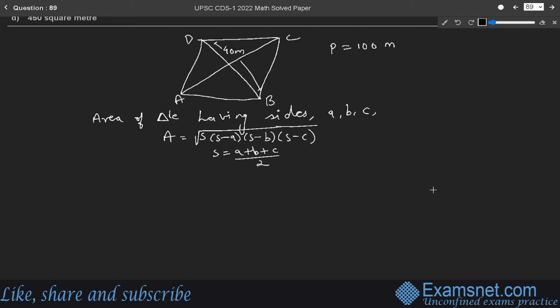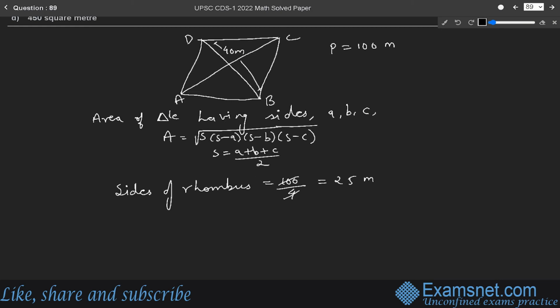The semi-perimeter is A plus B plus C upon 2. And we know that since it is a rhombus, the sides of the rhombus are equal. Now according to the question, the side of the rhombus is equal to 100 upon 4, which will be 25 meter.